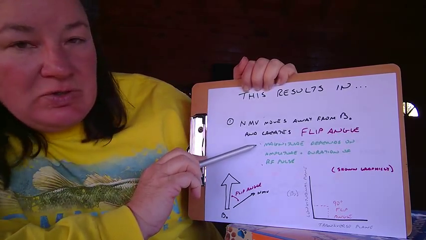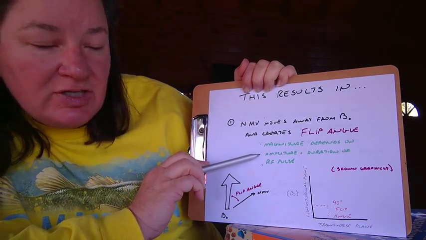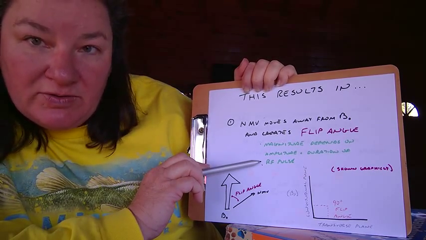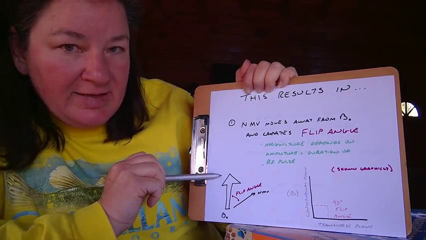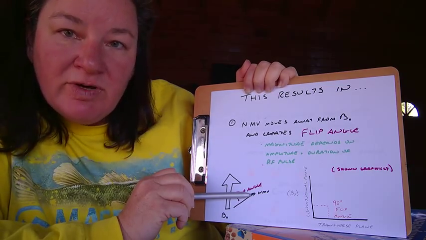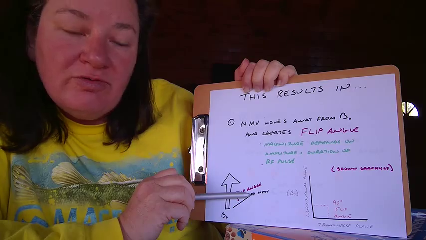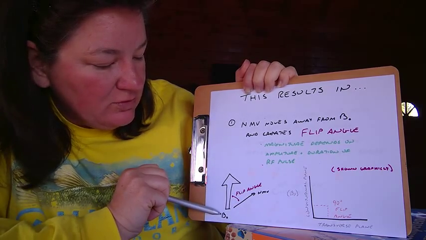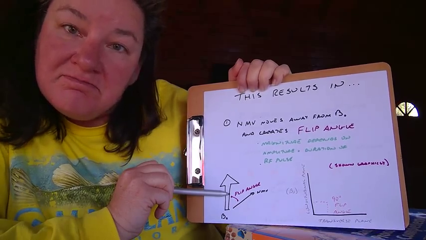The magnitude of this flip angle depends on the amplitude and duration of your RF pulse. What we mean by that: here is your external magnet strength. Here is your net magnetic vector. Remember, when it was pointing down, it's opposing the strength of the external force. The difference is your flip angle.